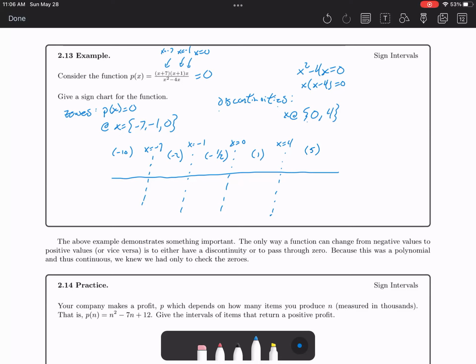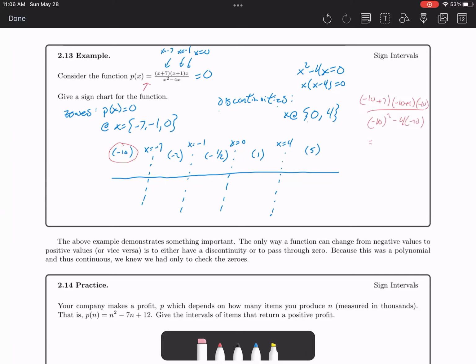So let's see what's going on with our function. If you plug in -10 into your function there, you're going to get -10 plus 7, times -10 plus 1, times -10, over -10 squared minus 4 times -10.